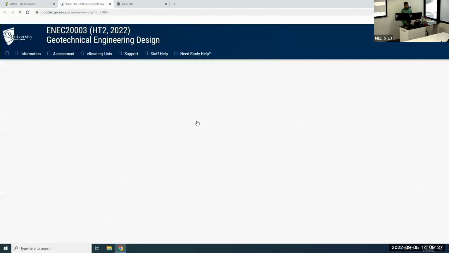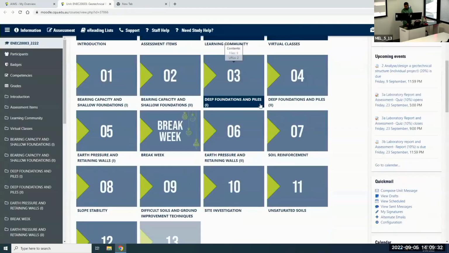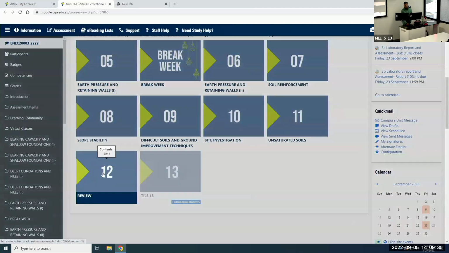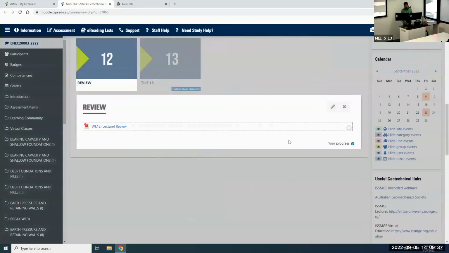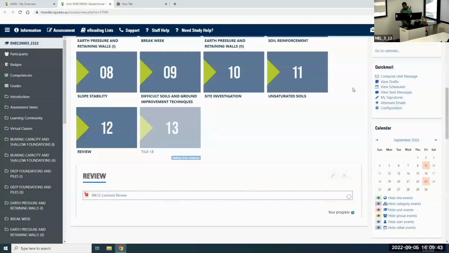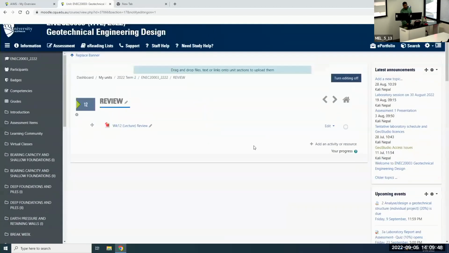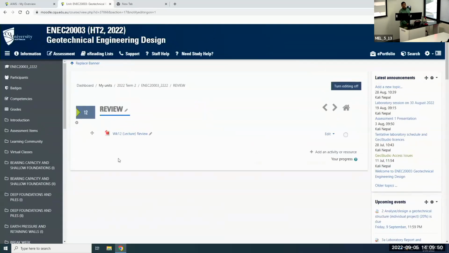That's the Moodle unit. Now week 12 revision. Lecture review, not yet. I thought I had that, but there's nothing here. Okay, I'll upload one sample exam question file in week 12. Over here, there will be one file that gives you the type of exam questions you get.